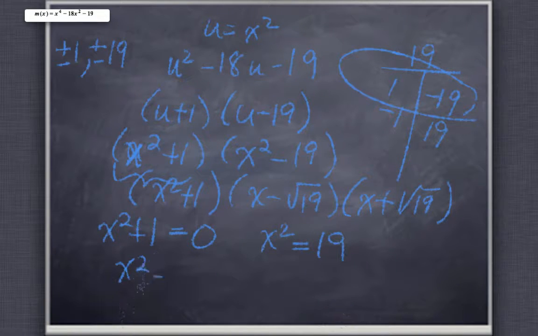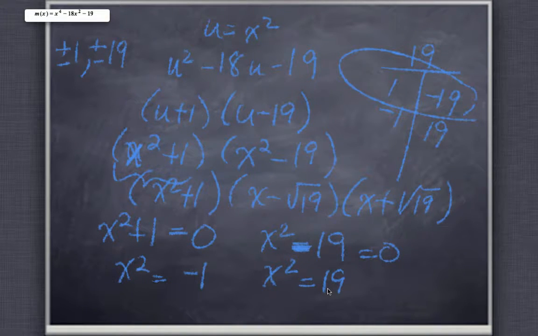Then x squared equals negative 1, x squared, oh sorry, I got ahead of myself here, minus 19 equals 0, equals 19.